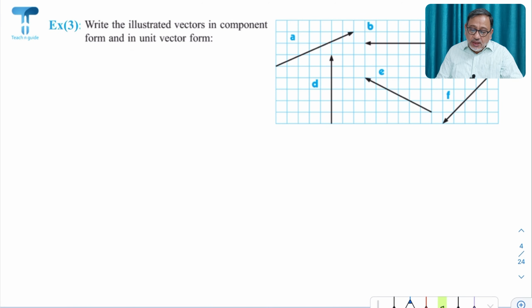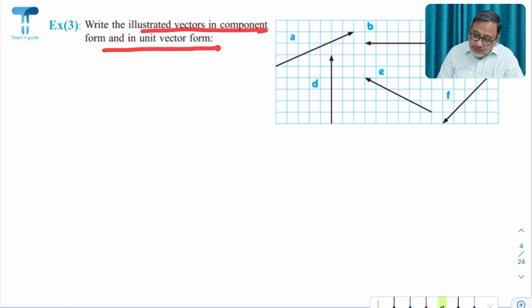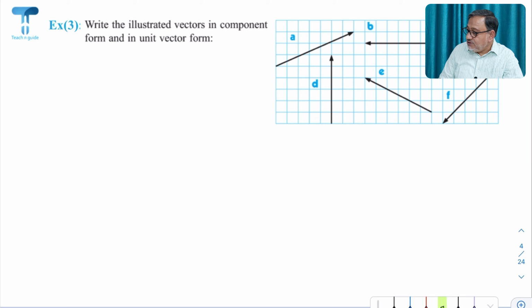Okay, now write the illustrated vectors in component form and in unit vector form. Component form means as a column vector, and unit vector form means using i and j. Now look at A. How many units it has? 1, 2, 3, 4, 5, 6, 7. 7 in the direction of x and 1, 2, 3 in the direction of y.